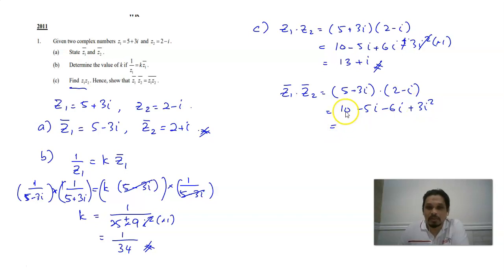So i squared equal to negative 1, negative times positive, negative, so 10 minus 3 equal to 7, and negative 5i minus 6i, minus 11i.